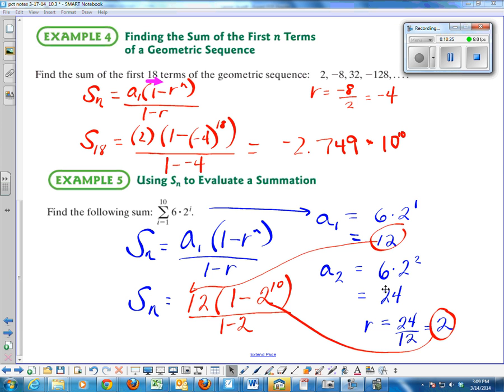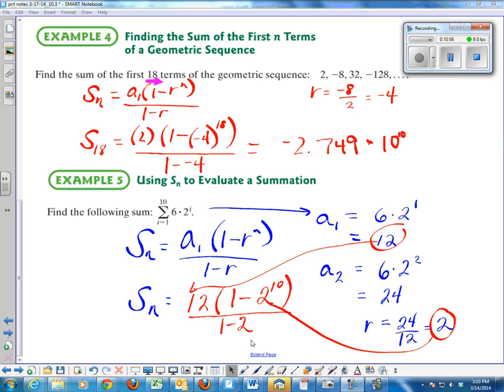I also found a sub 2 because I need to know what the R is. So a sub 2 is 6 times 2 squared, which is 6 times 4, which is 24. So then the R is 24 divided by 12, which is 2. Plugging in those values, a sub 1 is 12, R is 2, n is 10 from this, and then the denominator is 1 minus 2.